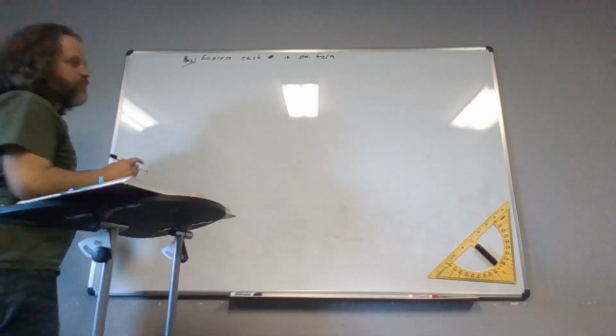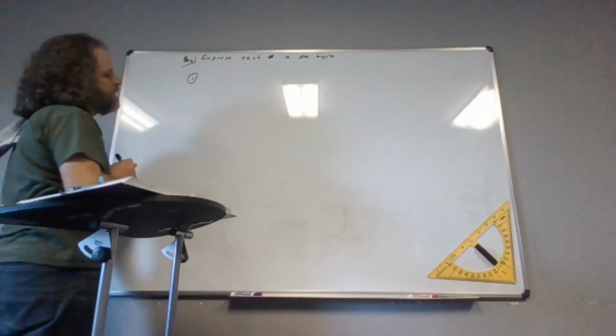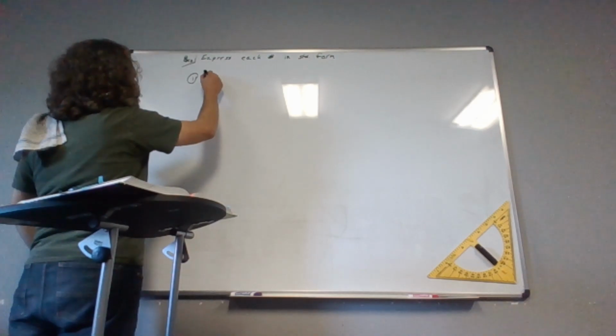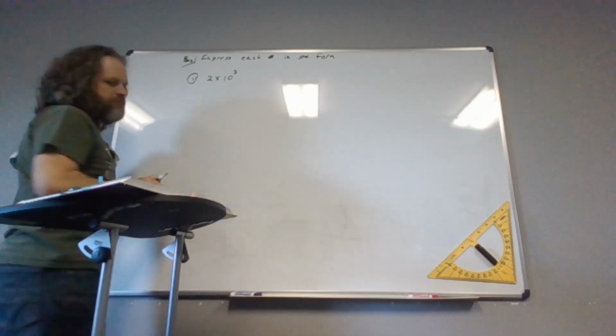So the first example, number uno, is 2 times 10 to the third.